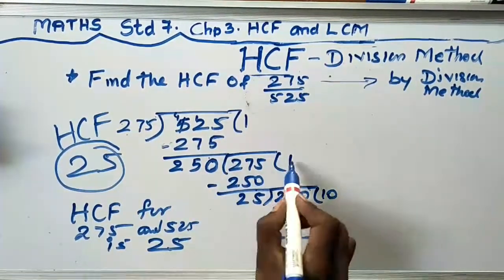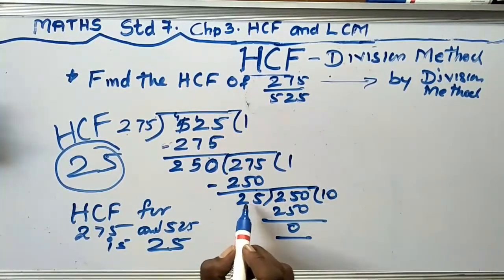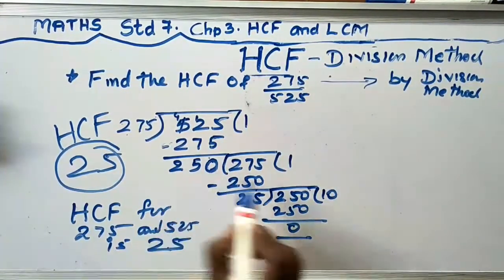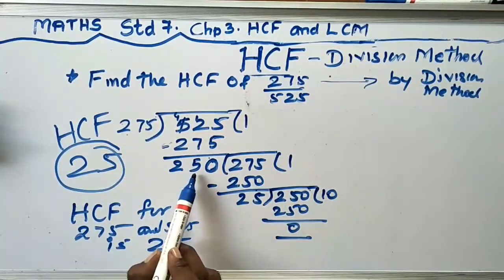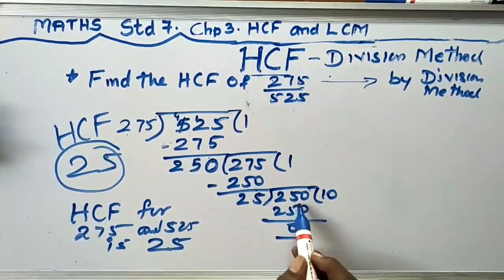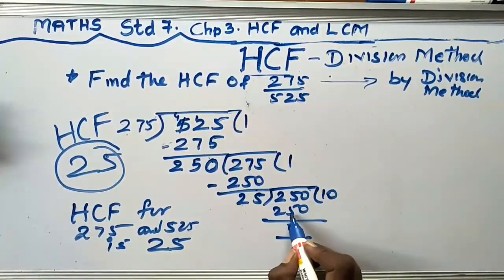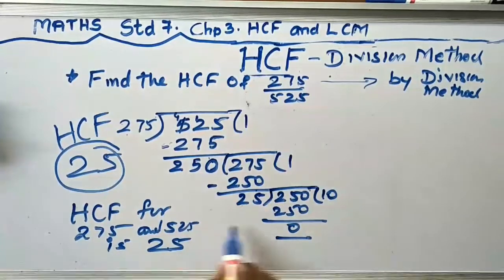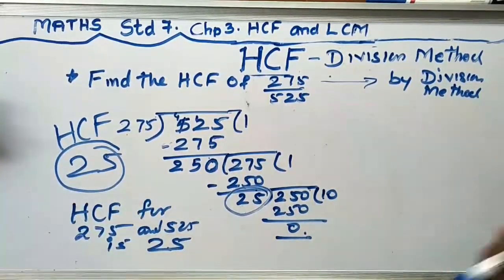I got 250 ones are 250. Then the remainder I got 25. Again 25 is outside. 250 you have to write inside, as I wrote 275 inside. Next number is 250, divided by 25. Again 25 tens are 250. I got 0. So because of this 25 I got this 0. So 25 is our HCF.